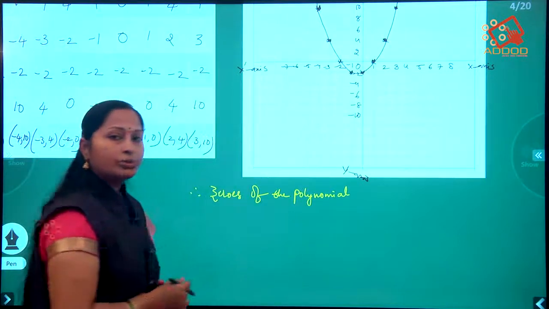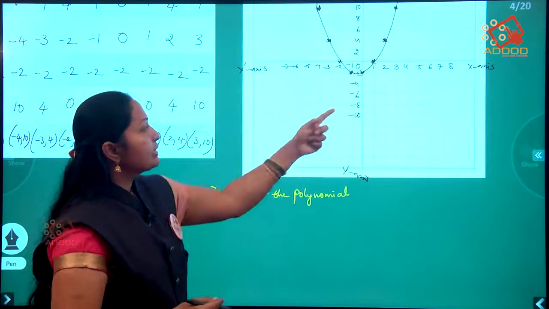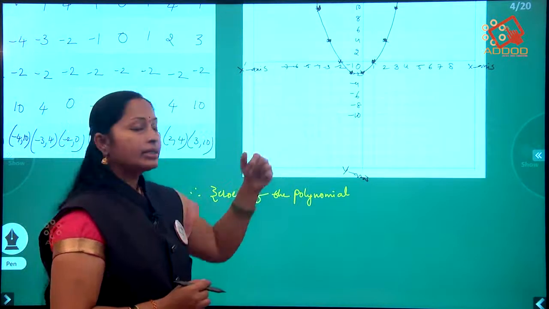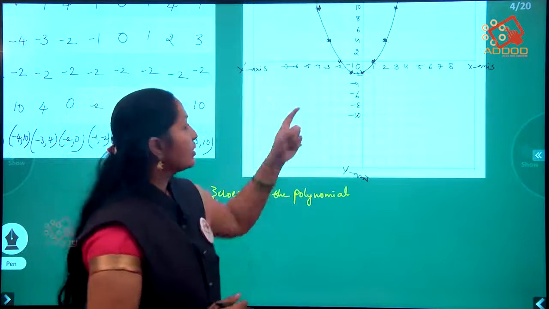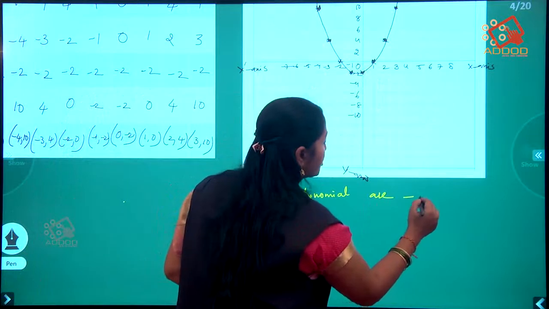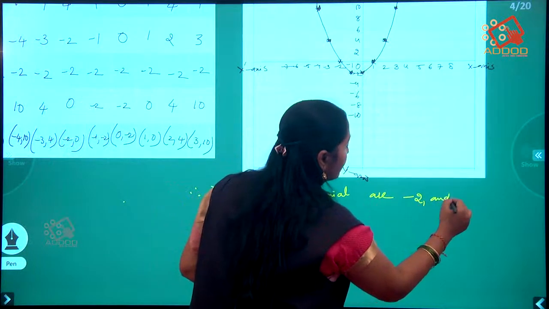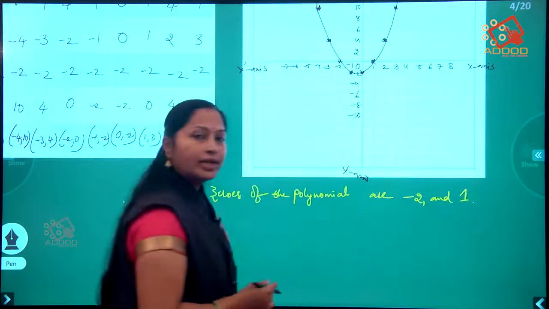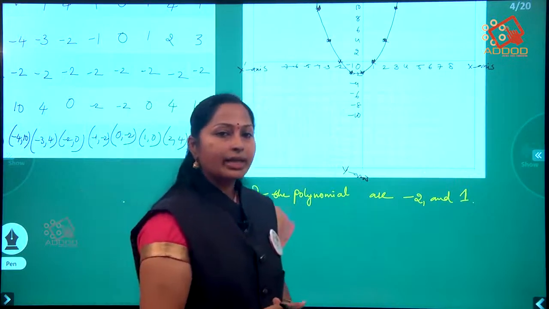What are the zeros of the polynomial here? This curve is intersecting the x-axis at 2 points, minus 2 and 1. Okay students, now we'll move on to the next question.